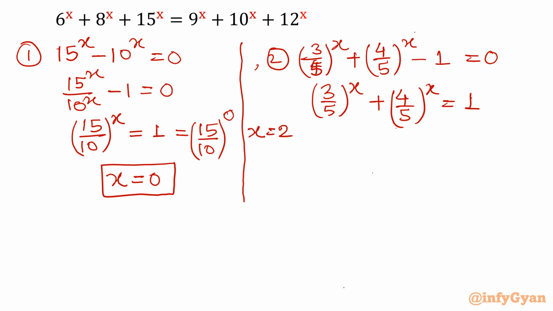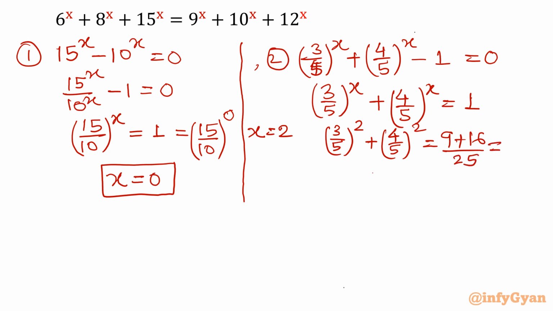If x equal to 2, then it will be (3 over 5) square plus (4 over 5) square. If you add, then it will be 9 plus 16 over 25, that is 25 over 25, so 1, which is your right hand side.